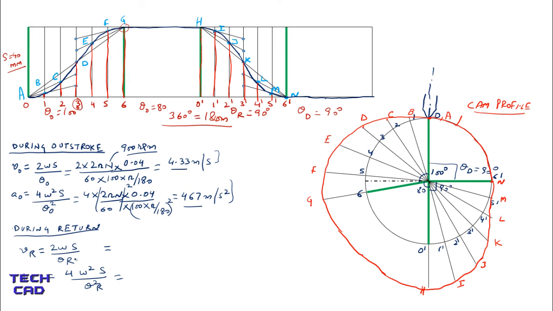The only change here is the return angle. So you have to be careful that when you take the return velocity and acceleration, the angle should be the return one, which is in this case 90 degree. Just putting all the values now.